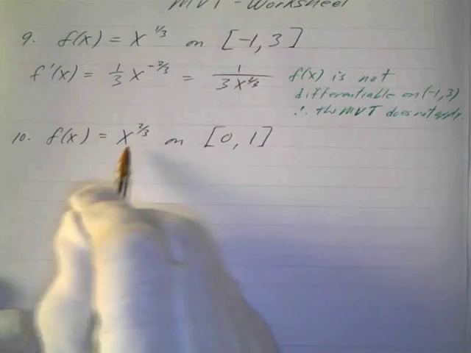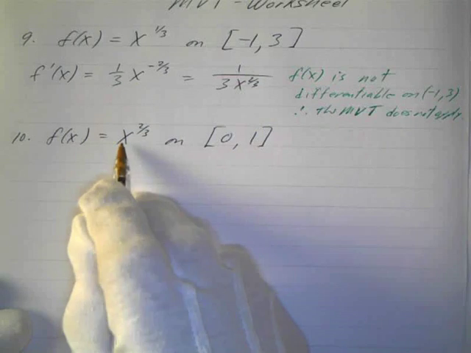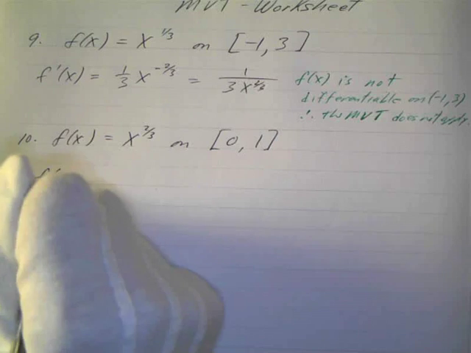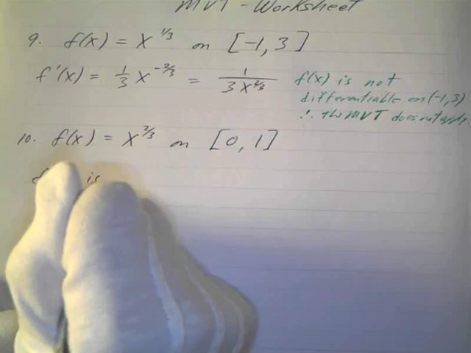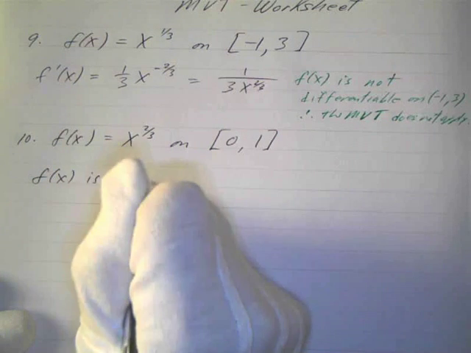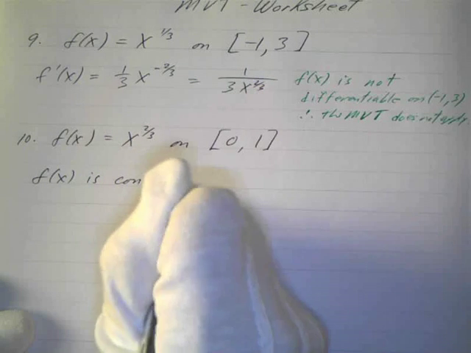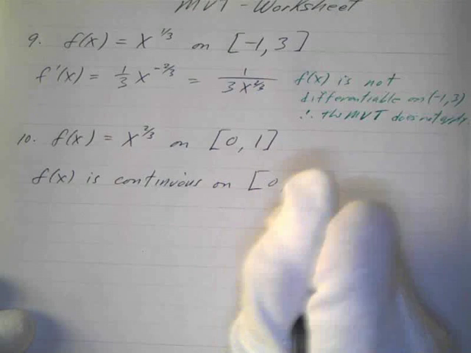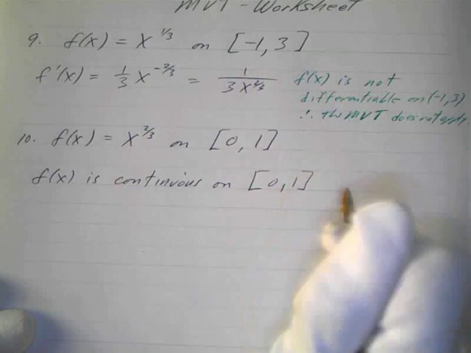And we can check it because when x is 0, what's 0 to the 2/3? 0. So f of x is continuous on the closed interval 0 to 1. And let's check the derivative.